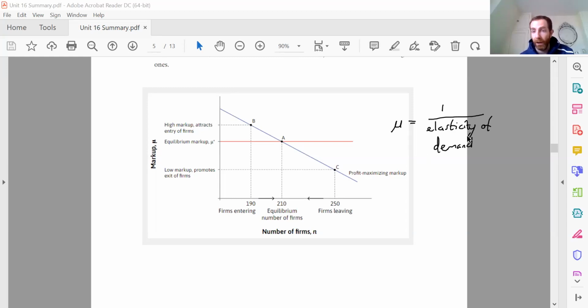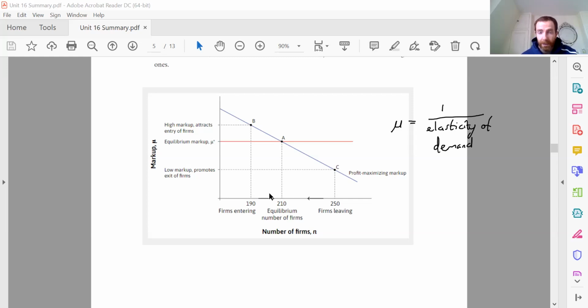And therefore, if that goes up, the markup that they can achieve is lower. So that's why this downward sloping blue line makes perfect sense. A higher number of firms is going to increase the elasticity of demand for each firm, and it's going to decrease the markup that they can achieve, which is what we see happening. More firms to the right means a lower markup.